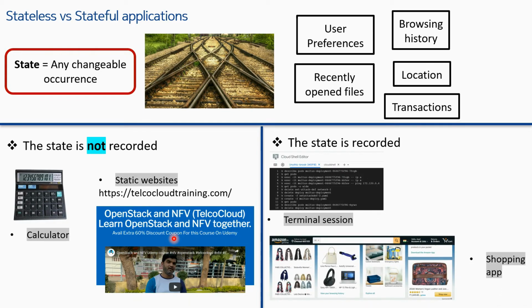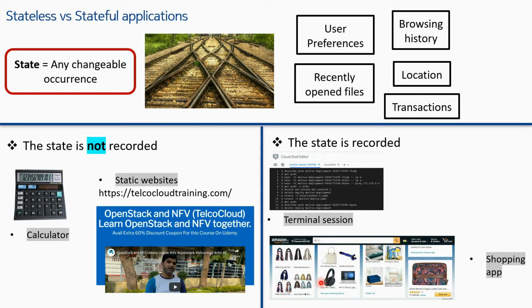While shopping portals like Amazon, Flipkart, eBay, or other similar shopping sites are true examples of stateful applications. They track so many things from your browser: your location, your browsing history, your search preferences, and they keep them in your user sessions.